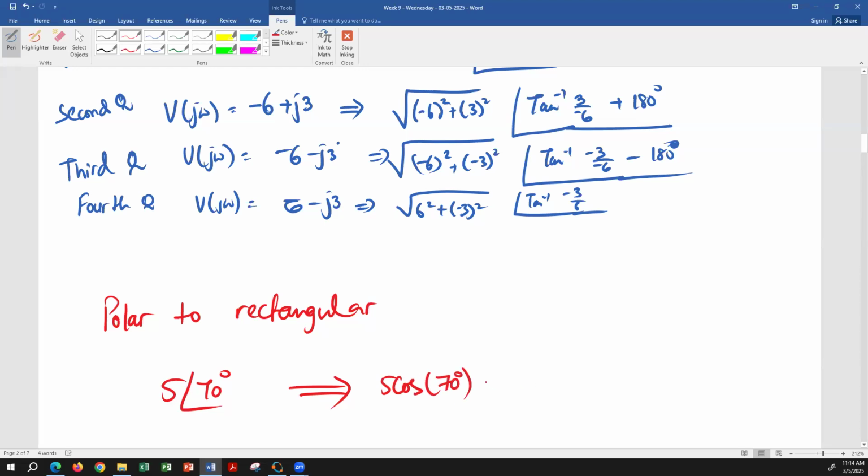But you have to put j. Yeah. So the opposite is easy. Irrespective of which quadrant it is located in, you will still use the same formula. It's going to give you the correct sign. Either this will be negative or this will be negative based upon the angle. So polar to rectangular is straightforward. That's not difficult. Rectangular to polar is where you have to be careful.